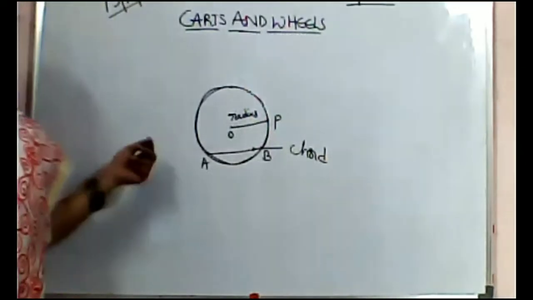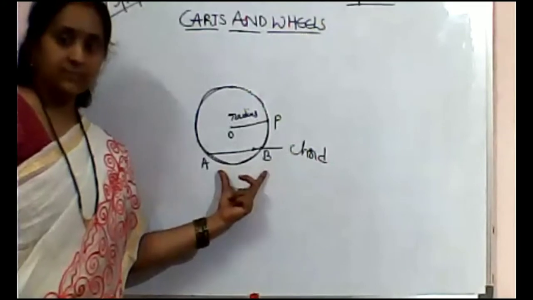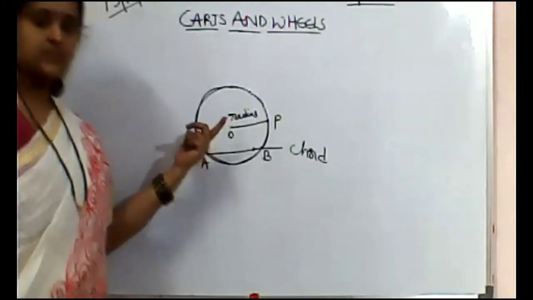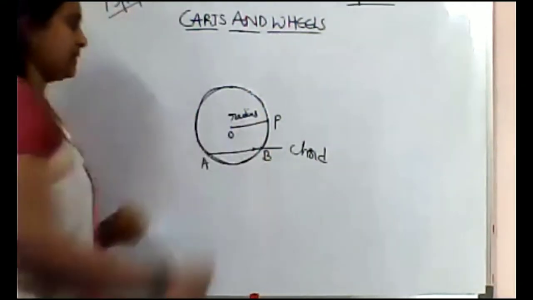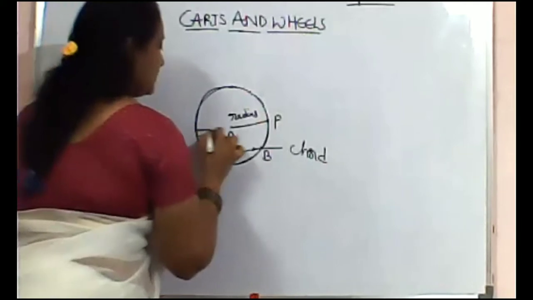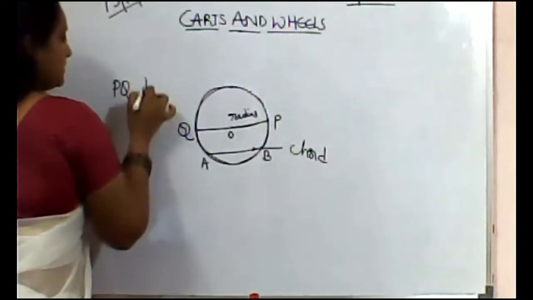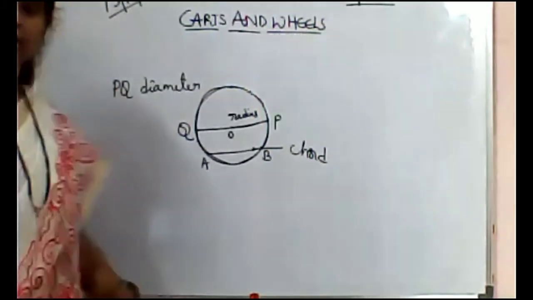And what is the longest chord? Which is nothing but the diameter. The line segment joining the points and passing through the center is said to be the diameter. So PQ is the diameter.